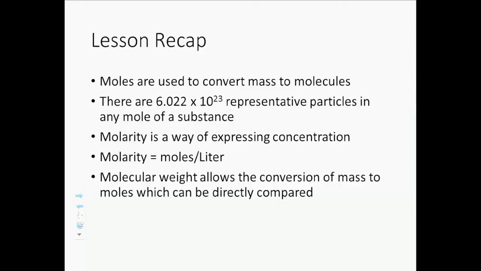Then the molecular weight allows the conversion of mass to moles, which can be directly compared. And so that's what's going to be really important as we move on, is that you can directly compare moles, but you can't necessarily directly compare mass. So keep in mind that's kind of where all this is building up to. But we have to remember that first bullet point. First and foremost, moles can convert mass to molecules. They're the key to this. They're the key to molarity too, moles per liter.